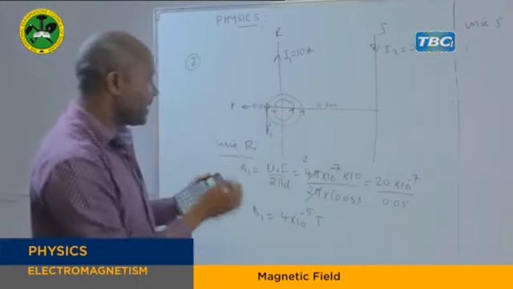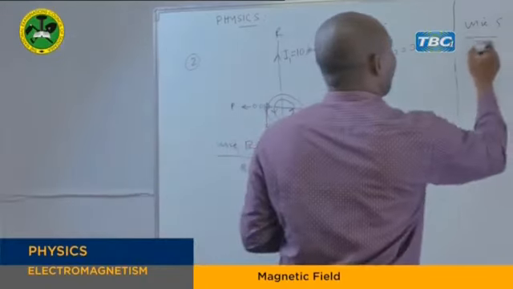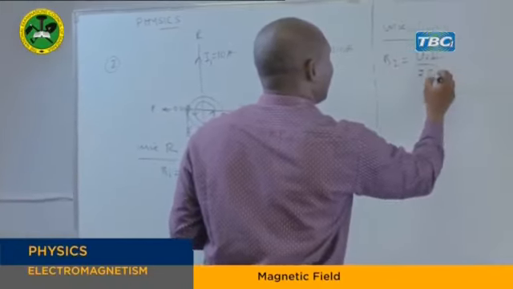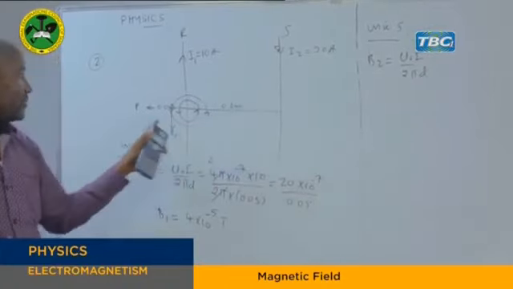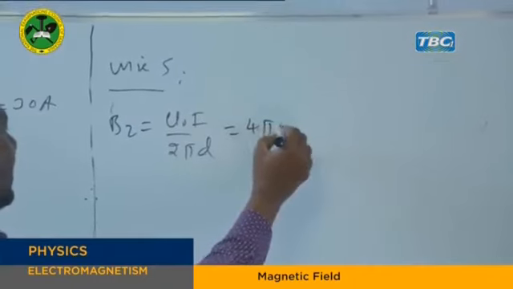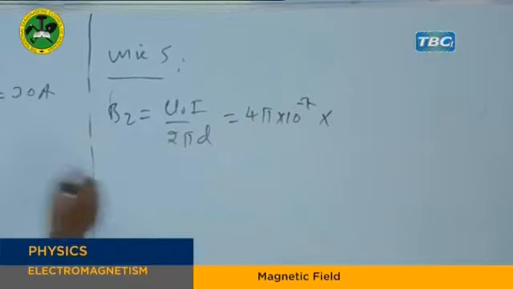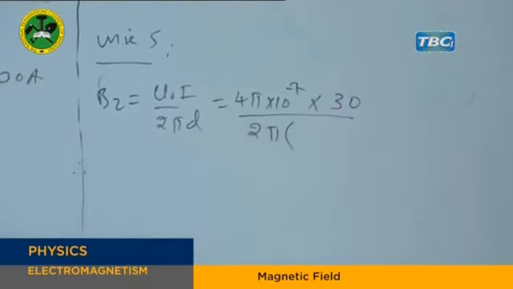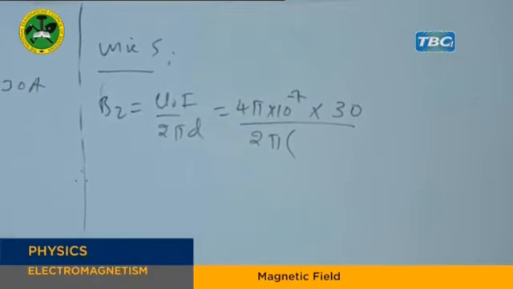Now, let's find the magnetic flux density due to S. And the formula is B2 equals mu I over 2 pi D. The difference is the distance from S to P, which gives us 4 pi negative 7 times this current, over 2 pi times the distance from here, which should be 0.15.